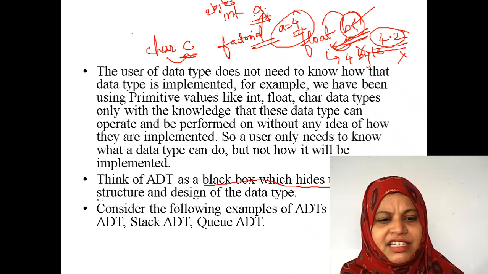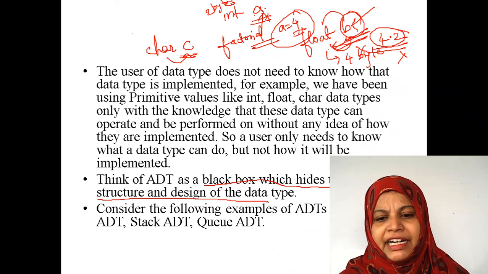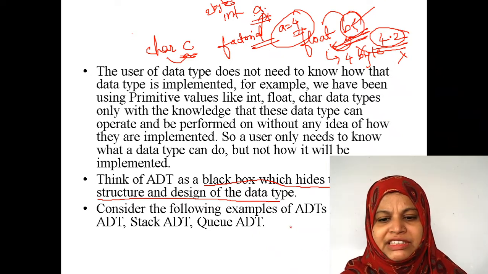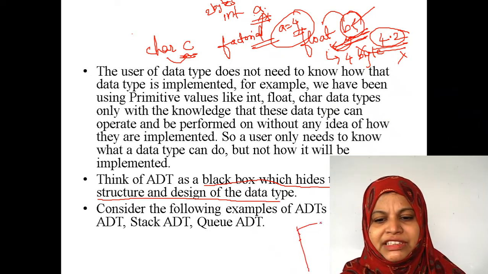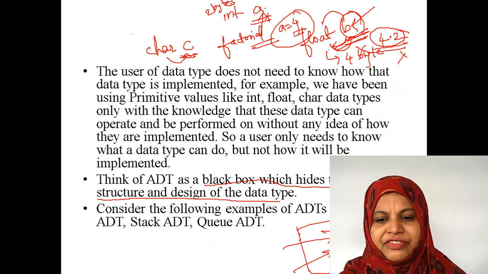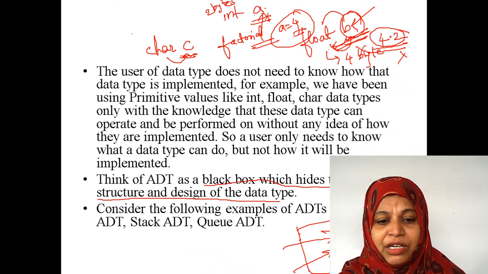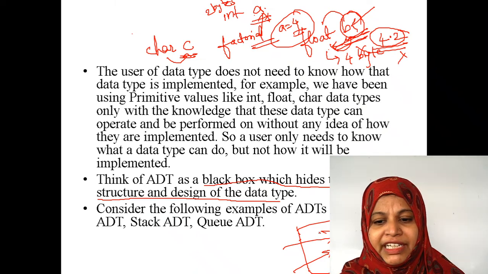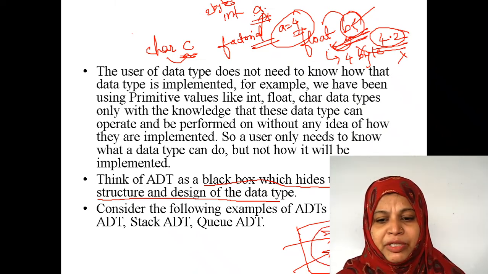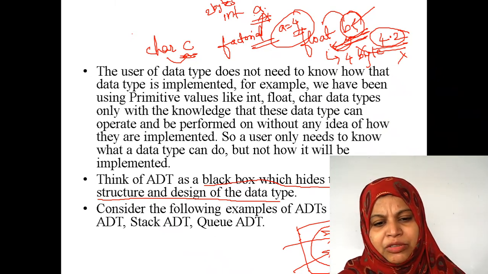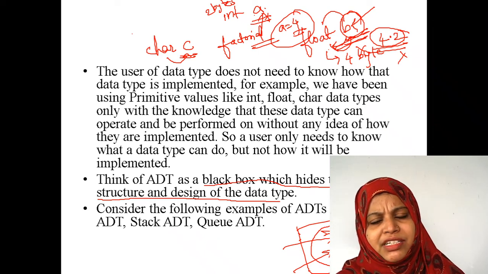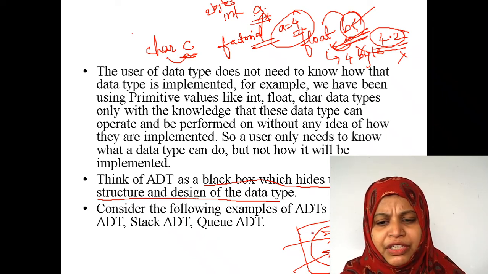Generally we know this is the box and we know what information is present in it, but we don't know how that data is arranged in this box, or how those things are implemented.